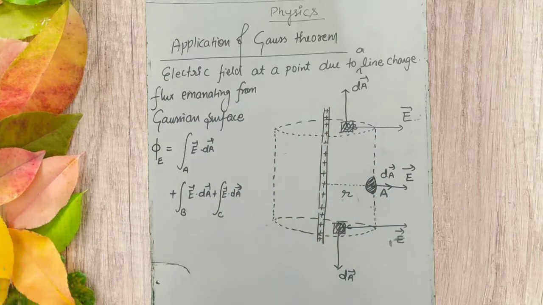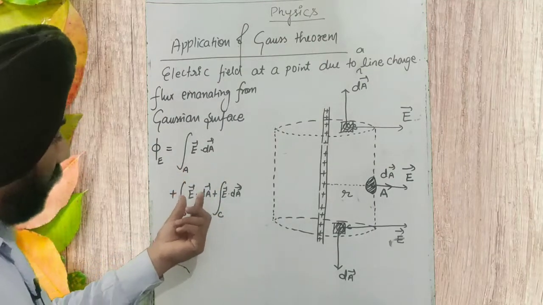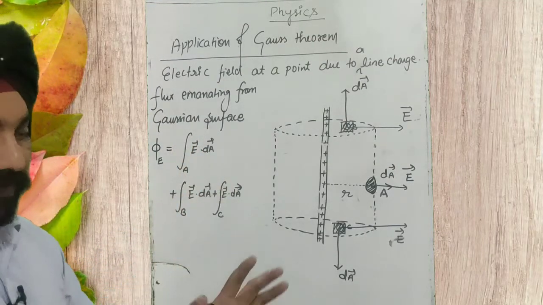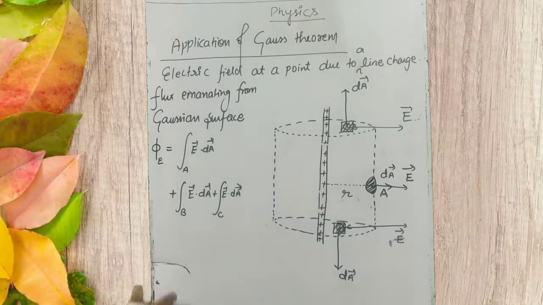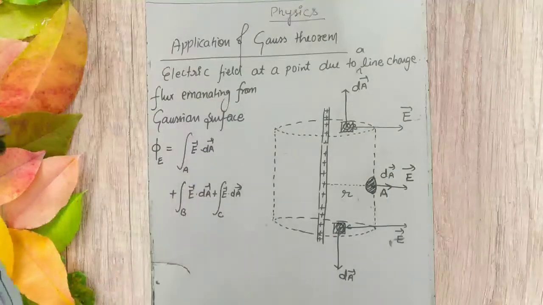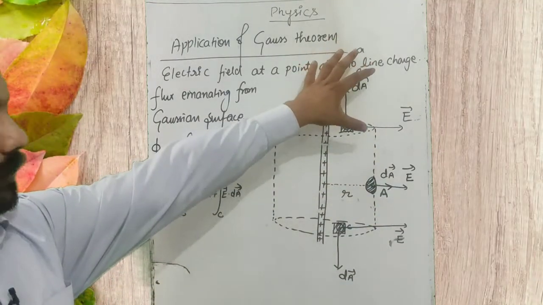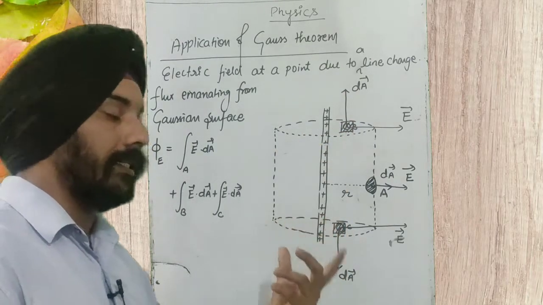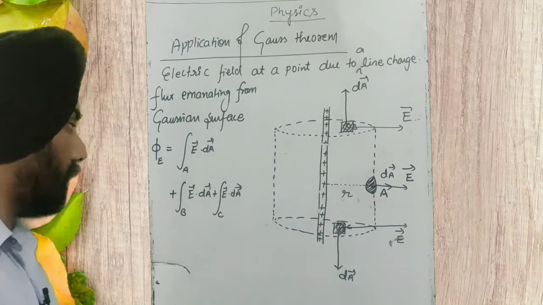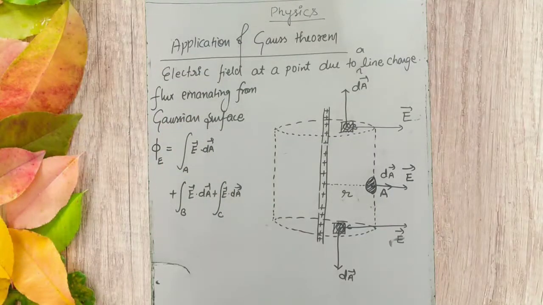I have taken the integration just to find the electric flux coming out from the whole area. A represents the curved surface area, B represents the upper cross-sectional area, and C represents the lower cross-sectional area. That's all; A, B and C don't mean anything else.